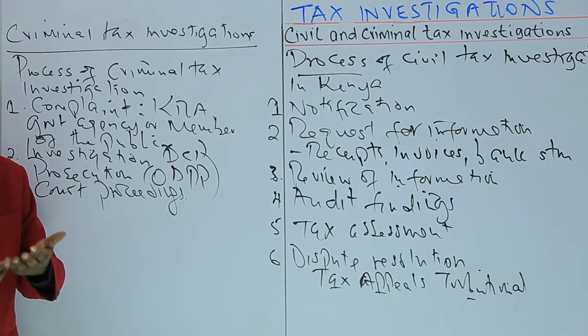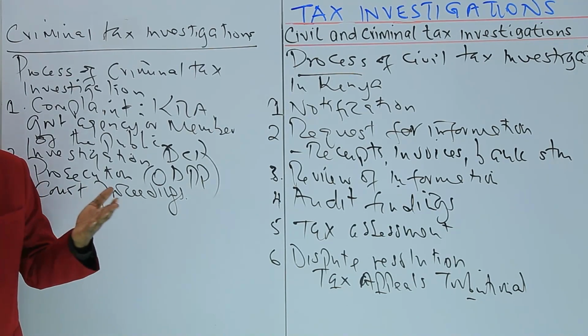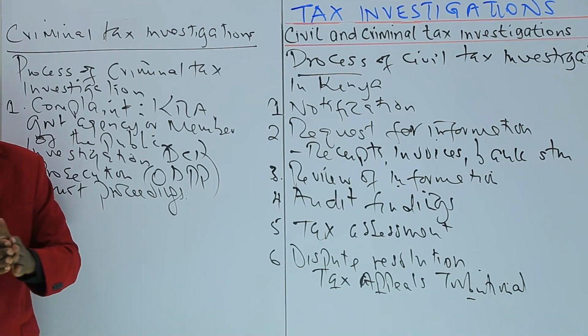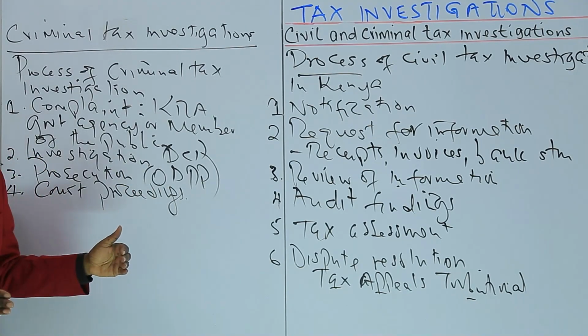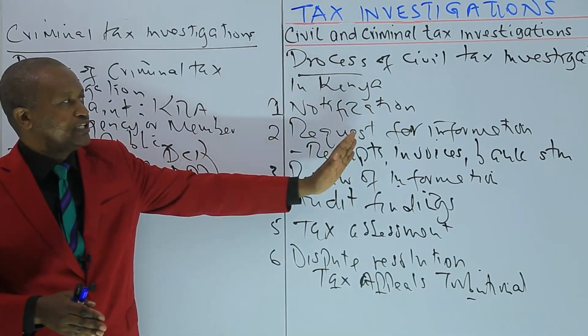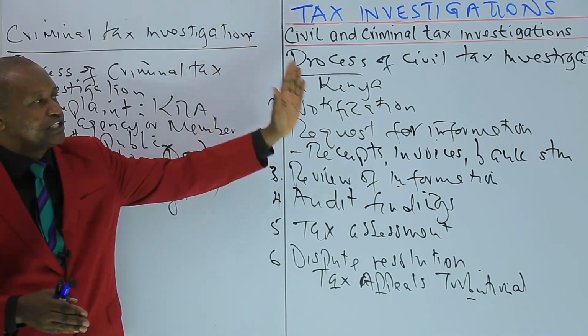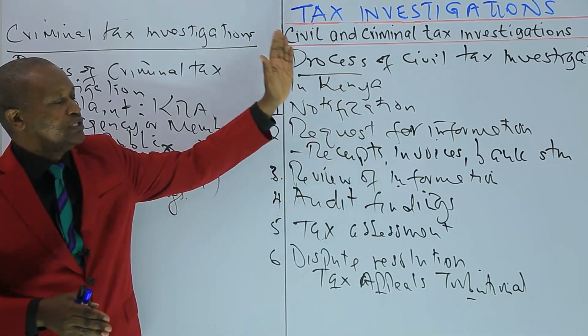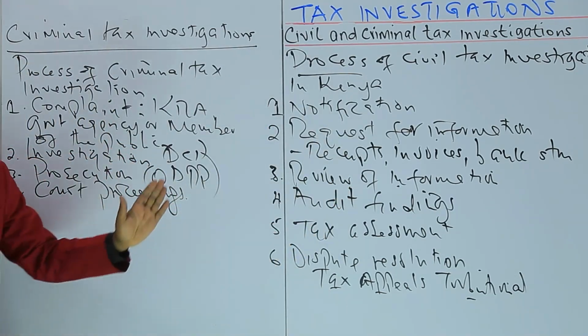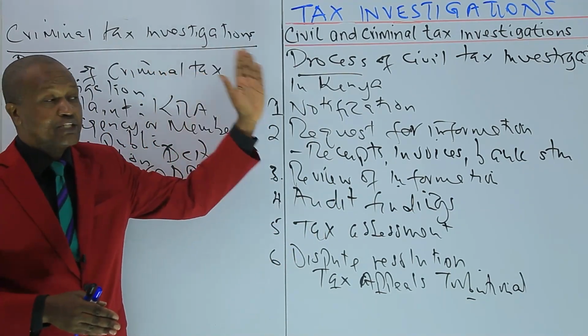Another right is the right to an attorney. Taxpayers have a right to have an attorney present during questioning by both KRA or the DCI, because in civil tax investigations it is the KRA that carries out the investigations. The taxpayer in civil tax investigation has a right to remain silent and a right to an attorney.